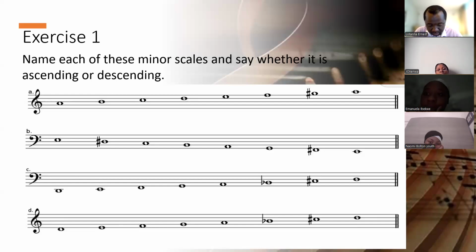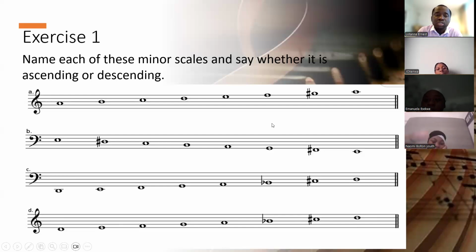Oh, it's descending. So I think maybe it's harmonic instead. How do you know it's harmonic? Because the ascending and descending are the same. Yes, and what happens in harmonic? The seventh degree is sharpened. Good.